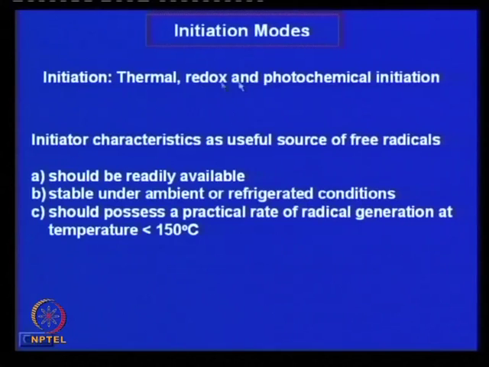Here only 3 cases are mentioned, say thermal initiation by thermal excitation of the monomer's initiators. Those initiators decompose to form primary free radicals. Those primary free radicals initiate a monomer to form a polymer.